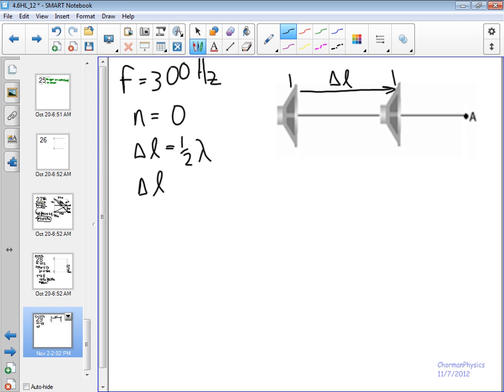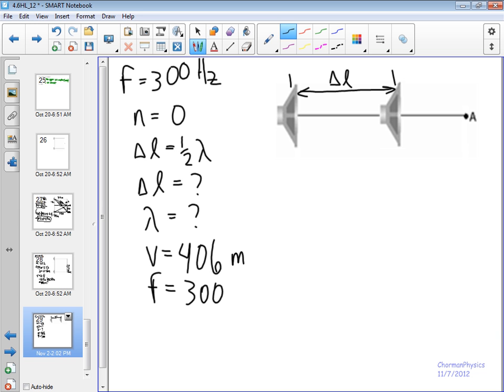That's the path difference right here. In order to do that, we need lambda. And we can use this wave speed from the previous problem in order to do this, and we know the frequencies. So from this, we can get lambda. It's just going to be v divided by f.